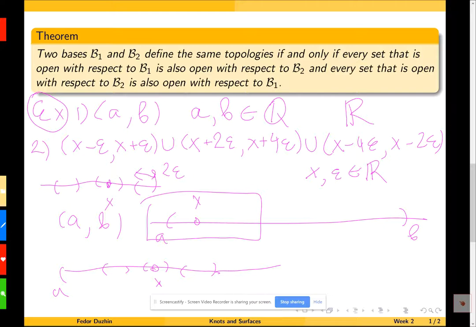So the collection of these three even smaller subintervals is still going to sit inside AB. This is true for every choice of x inside AB, which tells us that yes, this is going to be open with respect to the second basis.